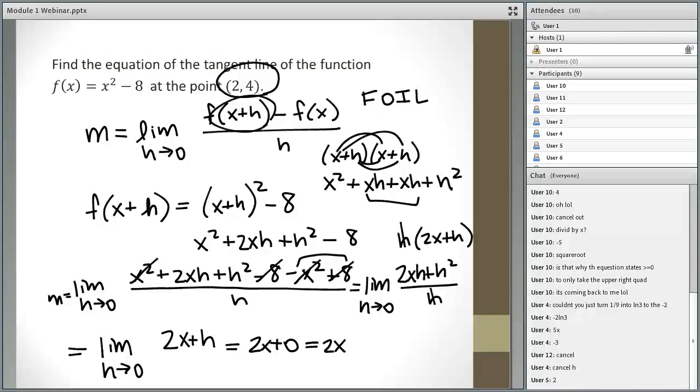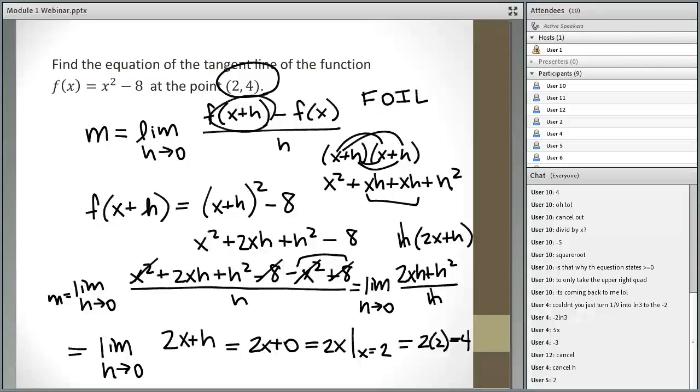So sometimes you might see this notation, just saying we haven't plugged in 2, but at x equals 2. So our slope equals 4. So it's a lot of work to get to the slope, but that's how we have to do it, at least for right now, to get the slope of the tangent line.